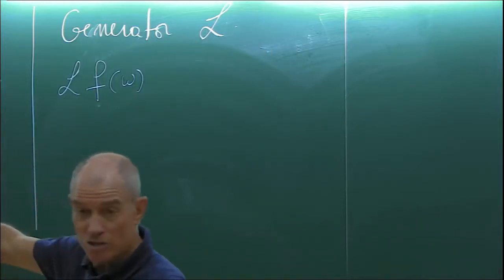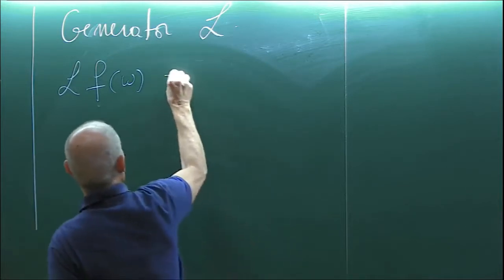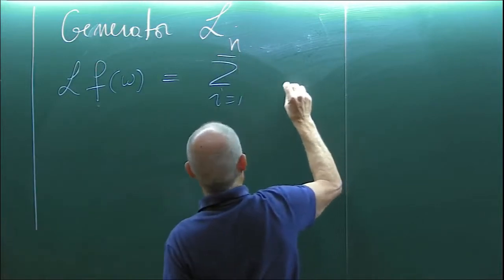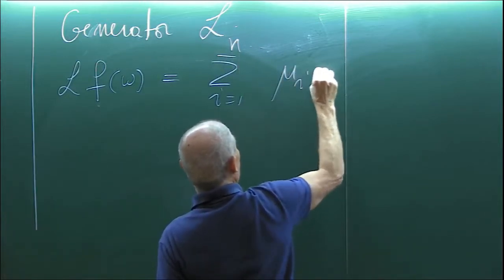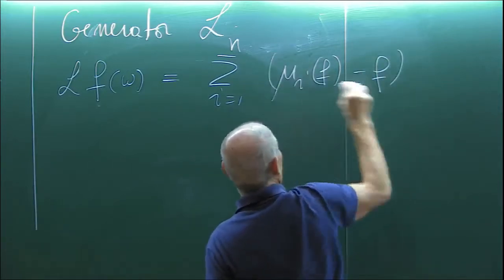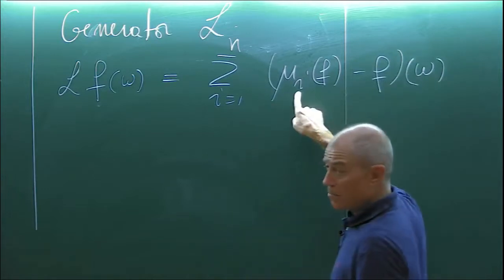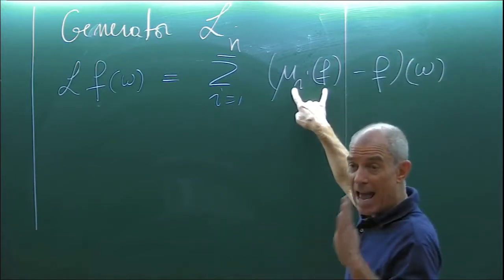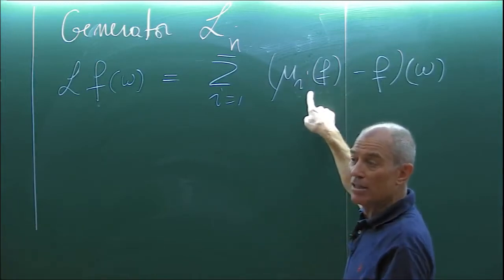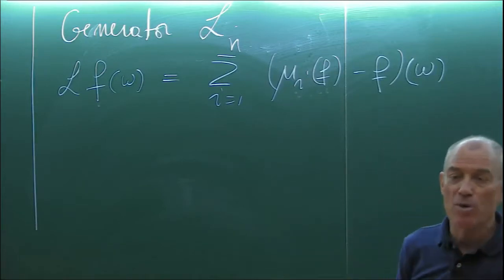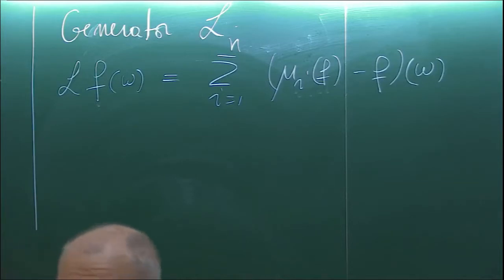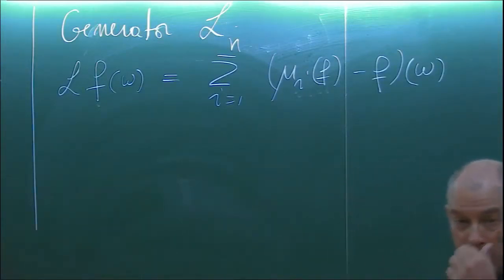You do the computation in this case, and the generator takes the following form: sum over I from 1 to n of mu_I(f) minus f, evaluated at omega, where mu_I(f) means that you are taking the average of f of omega only with respect to the ith coordinate. It's, if you want, a conditional expectation given all the coordinates outside I, which is trivial because the measure is a product measure.